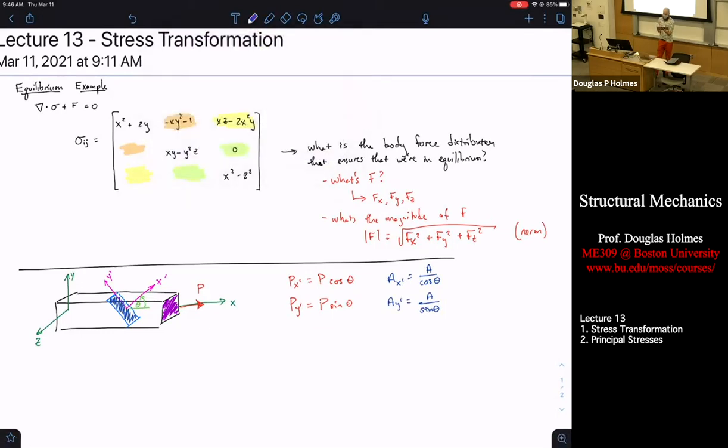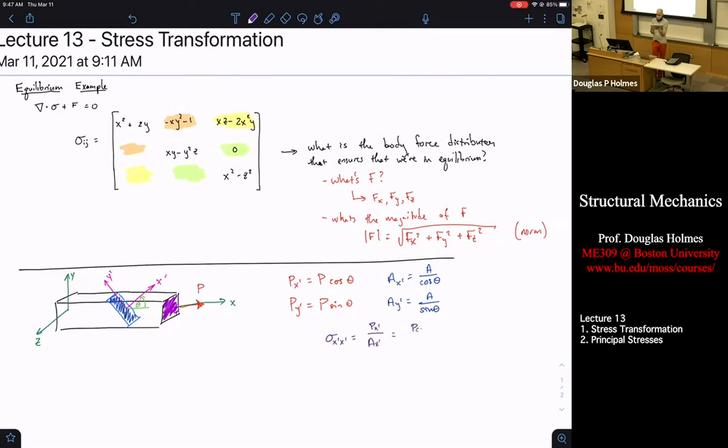And as a result, my new stress in the x direction is going to be my force in that direction over my area in that direction.